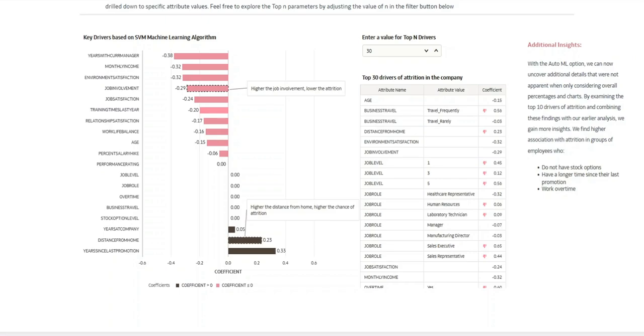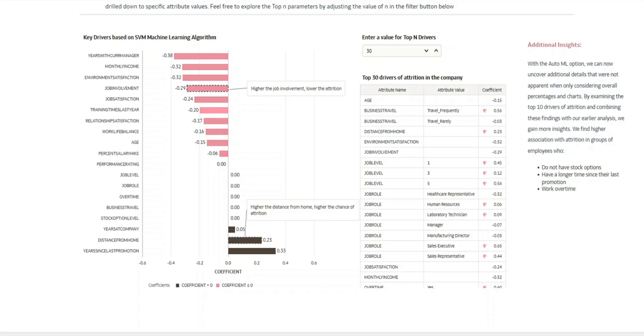Notice that some of the variables are showing as zero coefficients. This is simply because there are multiple values within this variable. So, for example, job level has different levels 1, 2, 3. And to get down to the coefficients of each value in this variable, we have this table on the right side.